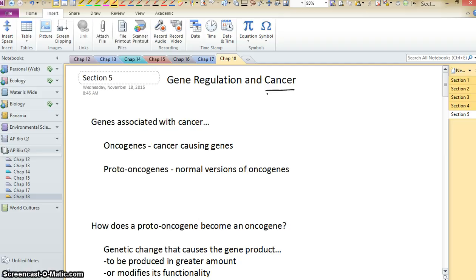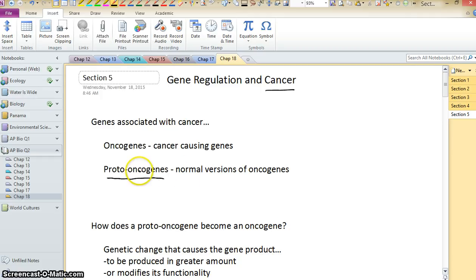So there are many genes, again, that control the developmental process and that control the cell cycle. These genes that play an important role in the cell cycle and have the possibility of mutating and causing cancers are known as proto-oncogenes.